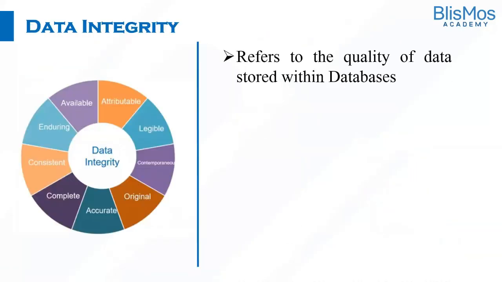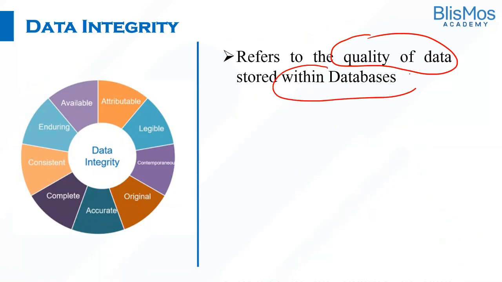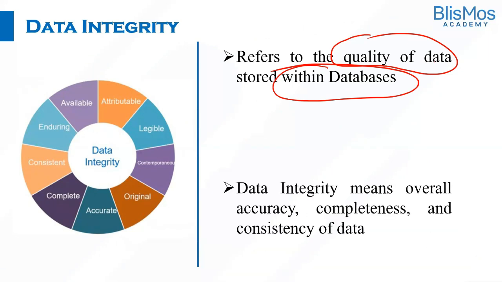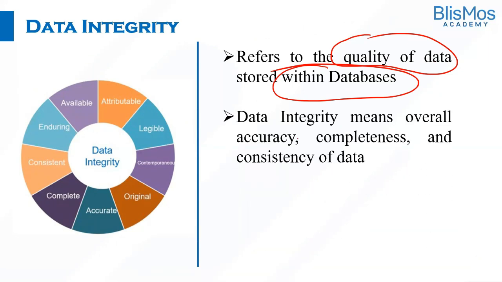What is data integrity? Data integrity refers to the quality of the data stored within databases. As we just took an example, what kind of username and what kind of password need to be stored in a Google database will be taken care of by the constraints imposed by Google as a part of the data integrity. So data integrity means accuracy, completeness, and consistency of the data.